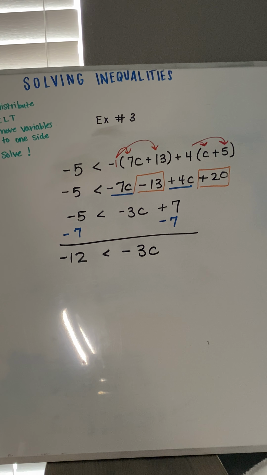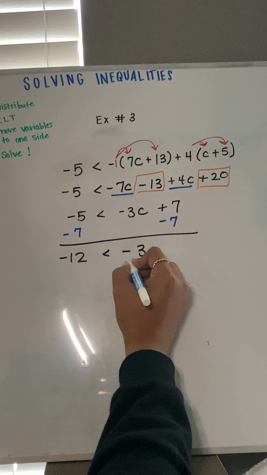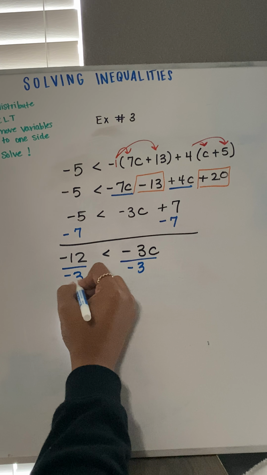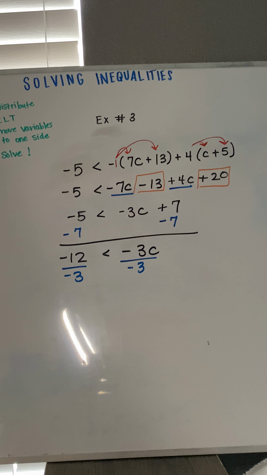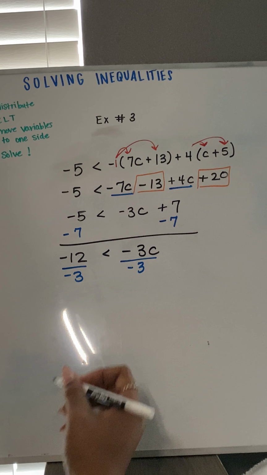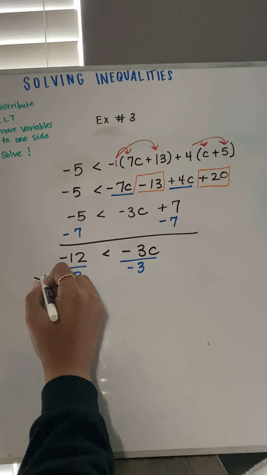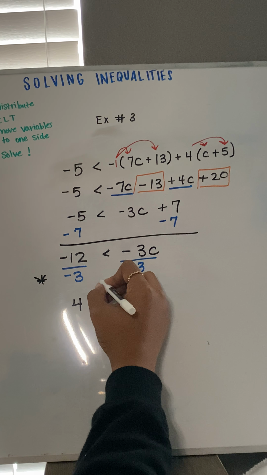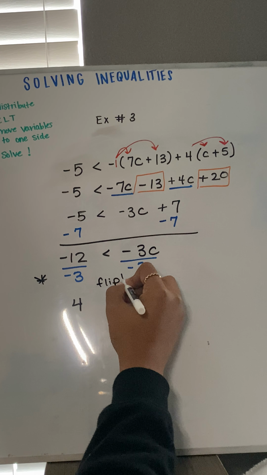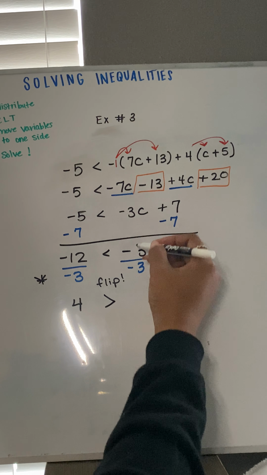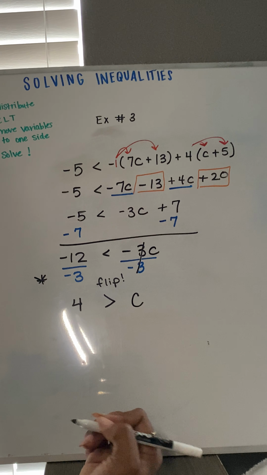Remember, to get rid of that, we are going to divide. And remember, it's the negative and the 3, so please divide by -3. When we do that, we are going to be left with 4. And remember, we divided by a negative, so we are going to have to flip the inequality symbol, and here we are left with c.